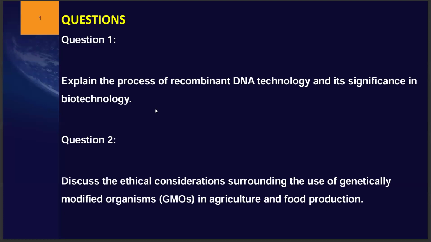That process of removing a gene from one organism and putting it into another is what we call recombinant DNA technology. So that's the process in a simple way. So let's look at question 2.